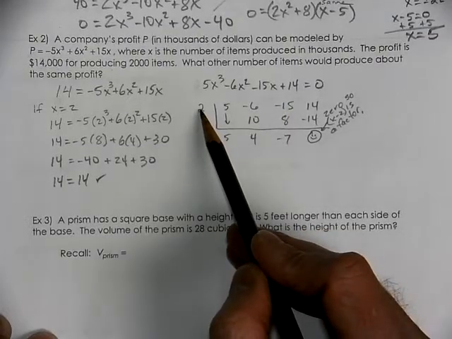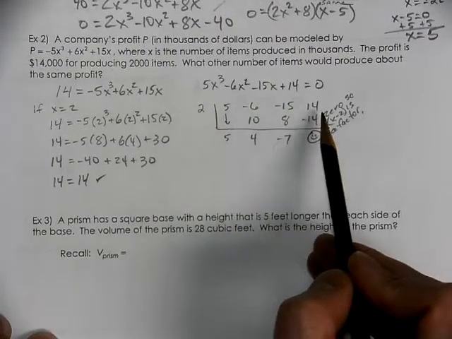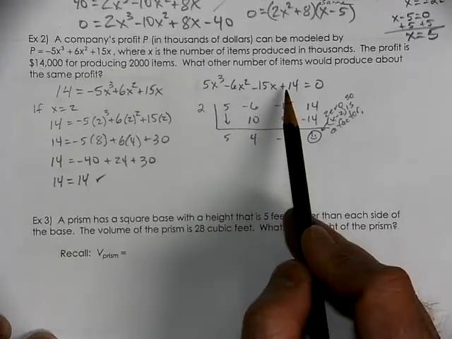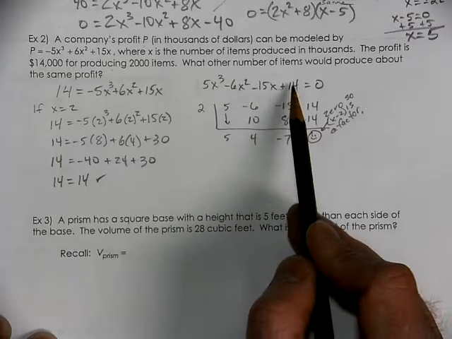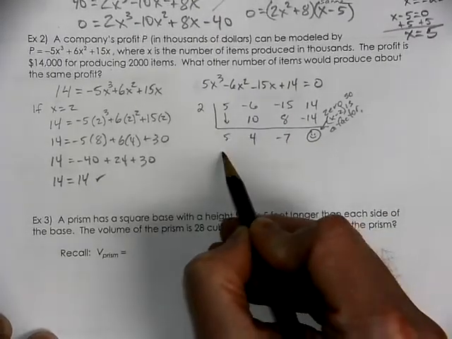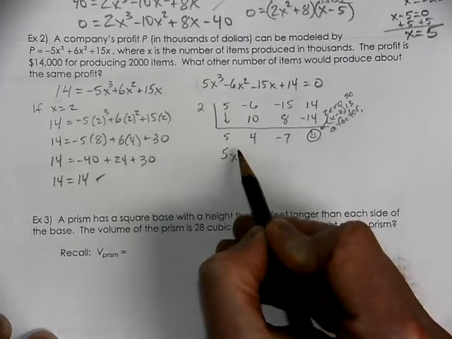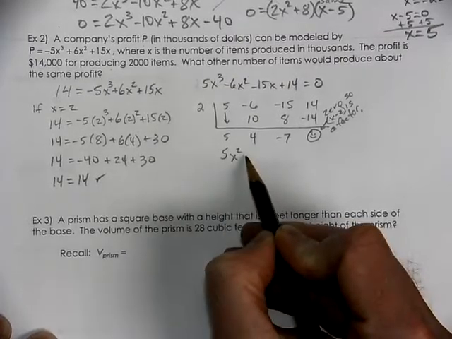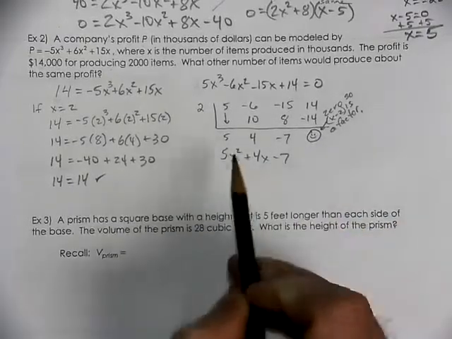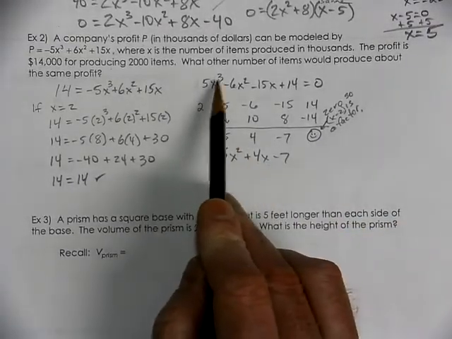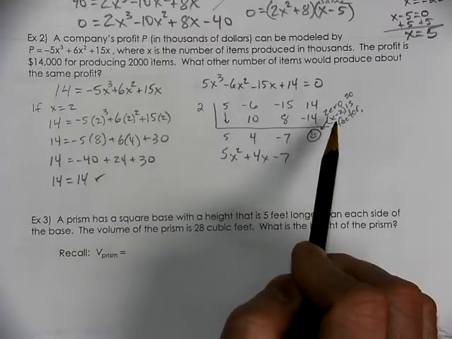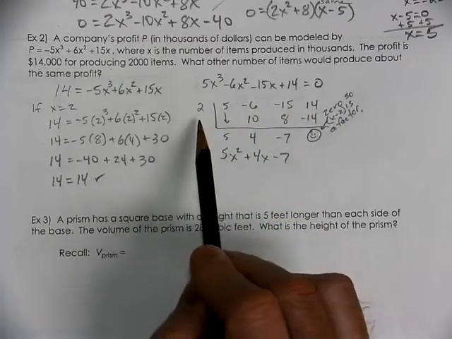When we plugged in 2, it was like us dividing x minus 2 into this problem. We have a 0 remainder. So that means our 5 can be written as 5x squared, our 4 is a 4x, and our negative 7. We are 1 degree less than our x cubed, because we divided it by our x minus 2.